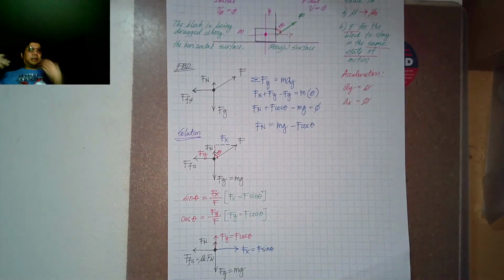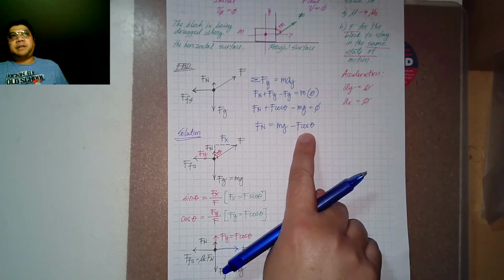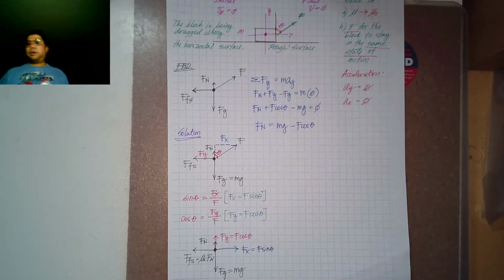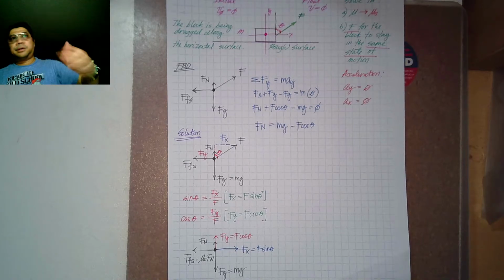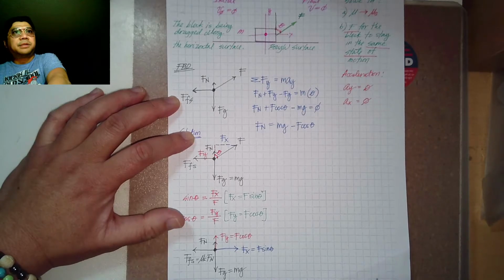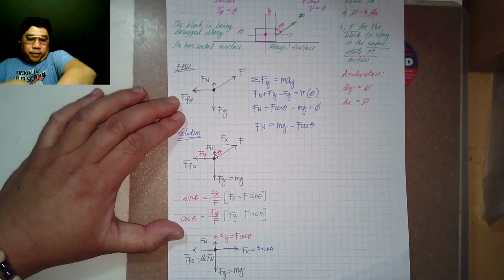Earlier, in the previous video, it was F sine theta instead of cosine theta. But since we are measuring it along the y-axis, be careful. Sometimes it does make a difference in terms of your solutions. So this is your first step.